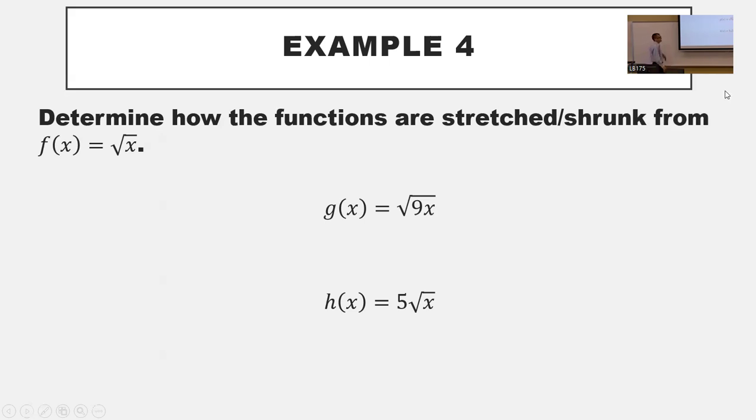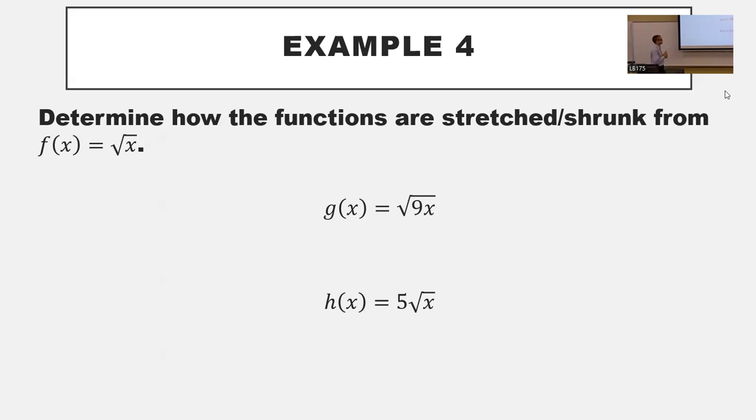All right, so g of x, is that a horizontal or a vertical? Yeah, horizontal, right? Horizontal because the 9 is underneath the square root. So it's horizontal, and it's actually a shrink by a factor of 9, because it's the inside.